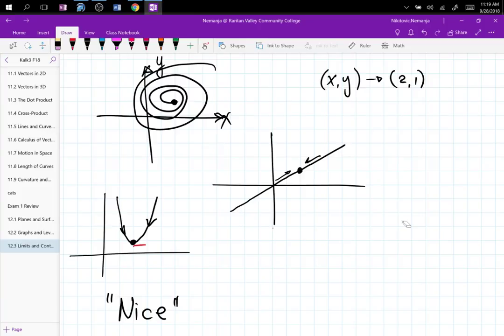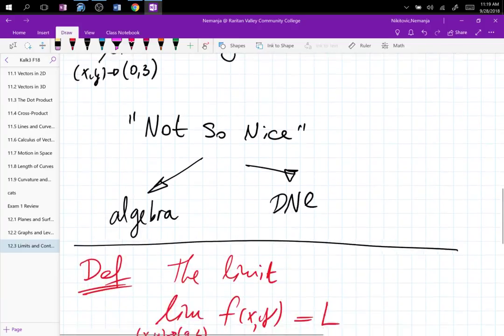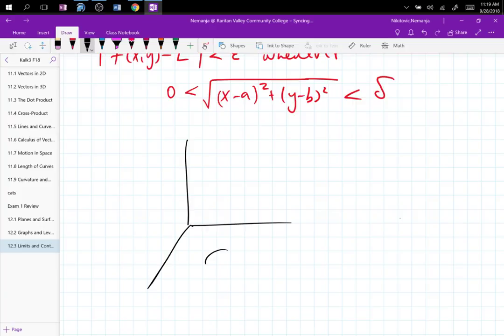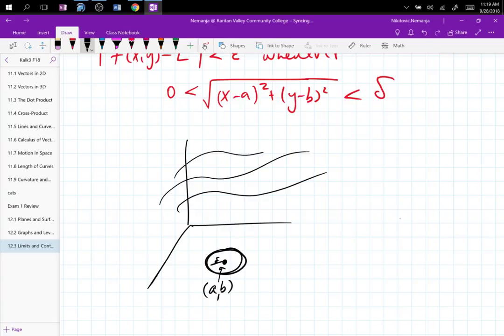So it's the same definition as we had before. Now it's just done in 3D, and unfortunately the graphs for this are not really friendly. So we're going to have some point there. There's going to be a point a, b in there. The radius of this is delta, and there's going to be some kind of surface over here, and that's the z-axis.